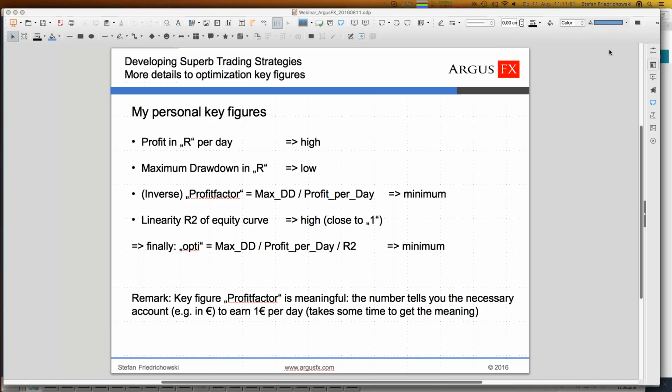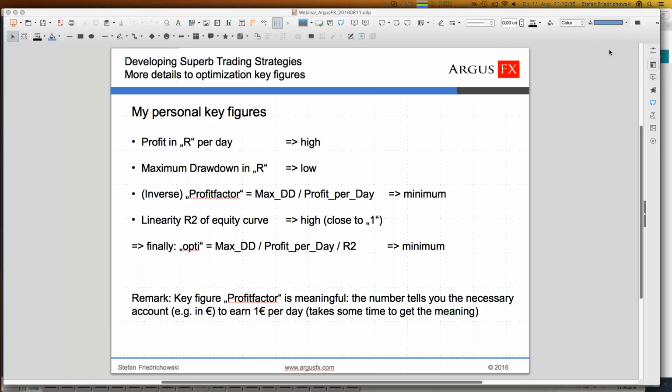So R square is once again in the denominator because it should be 1, and not 0, or close to 1, and therefore we want to have that final number, this opti, being a minimum, and then we call that strategy a good strategy. That is really my final number I always consider for optimizing strategies. It's quite simple to calculate, and I can cross-check one strategy to another one simply by looking at exactly that number.